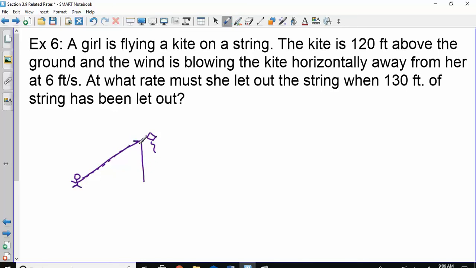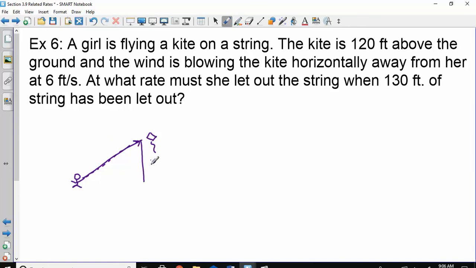So this kite is moving, okay? The wind's blowing it, she's letting the string go, so it's heading out this way. Is the 120 feet constant, or is it changing? It appears to be constant. It doesn't say that the kite is going up higher in the air.